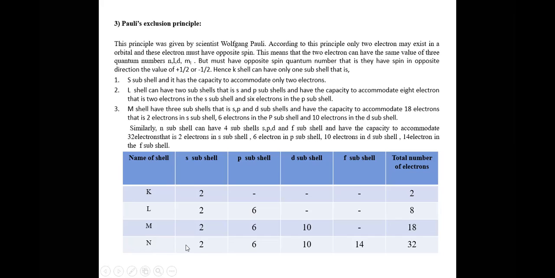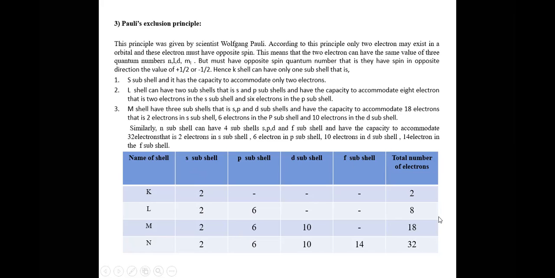N shell can have these 4 subshells, that is S, P, D and F subshells. S subshell can have 2 electrons, P can have 6 electrons, D will accommodate 10 electrons, F will accommodate 14 electrons. So total electrons in the shell will be 32 electrons.